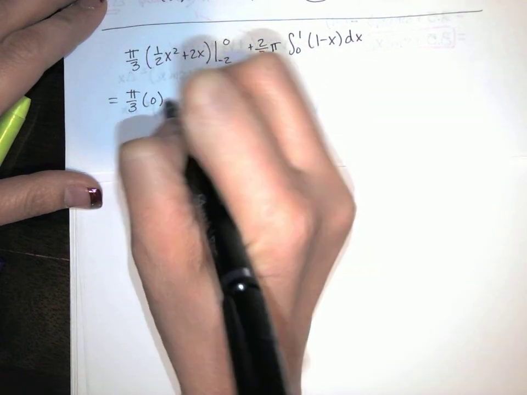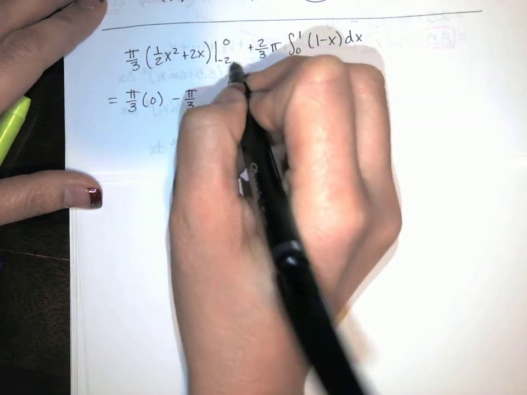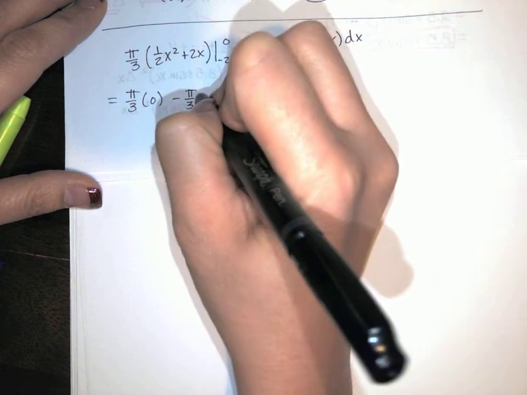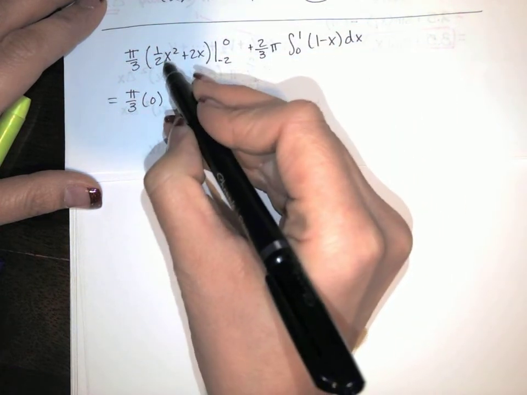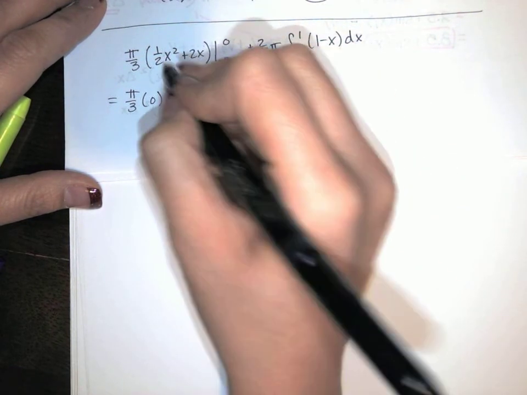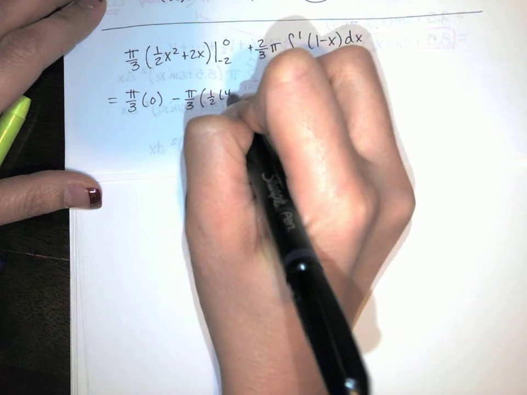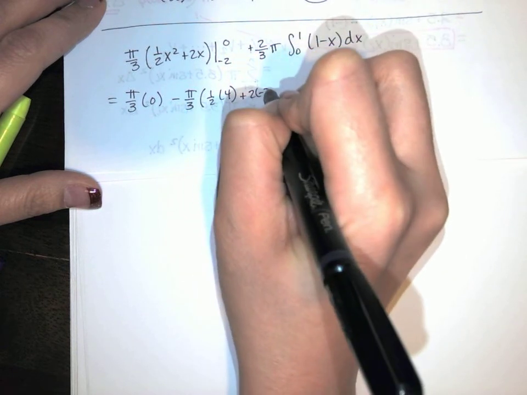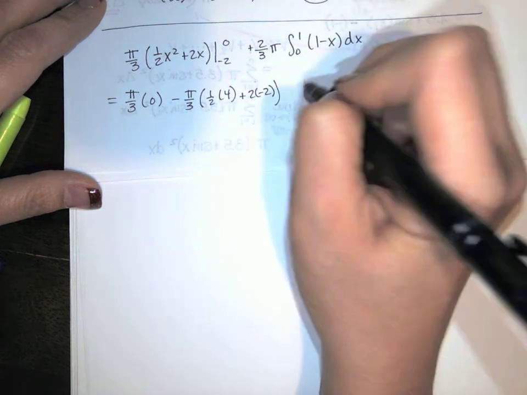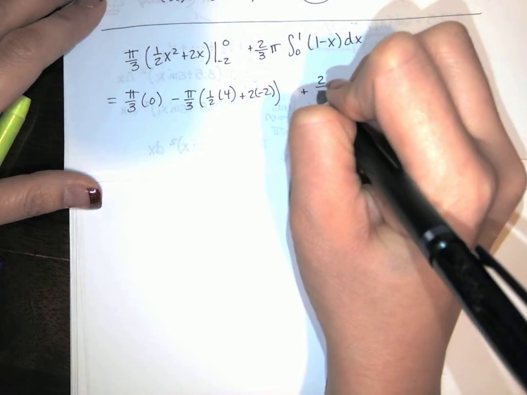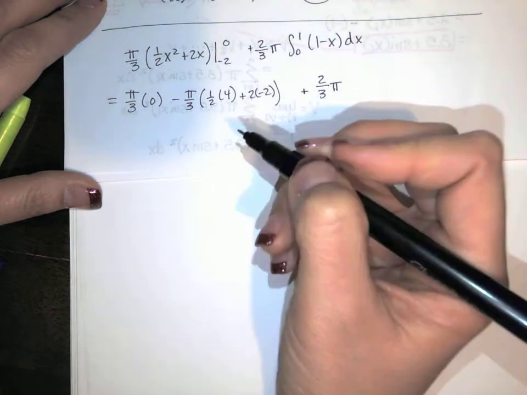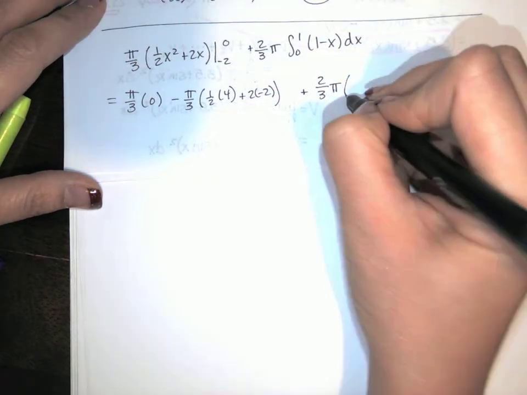And if I substitute -2 for x, -2 times -2 is 4. So I'm going to have 1/2 of 4 plus 2 times -2. I've got 2/3 of pi over here. I'll work that out in a minute.